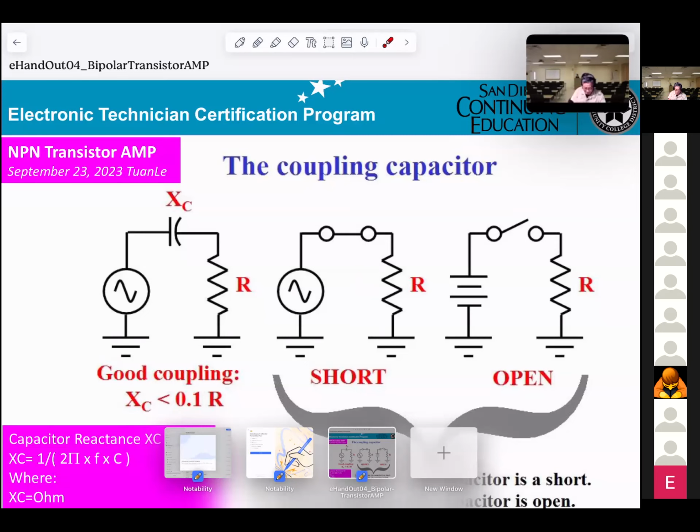First thing, we're talking about capacitors, that are very, very important.